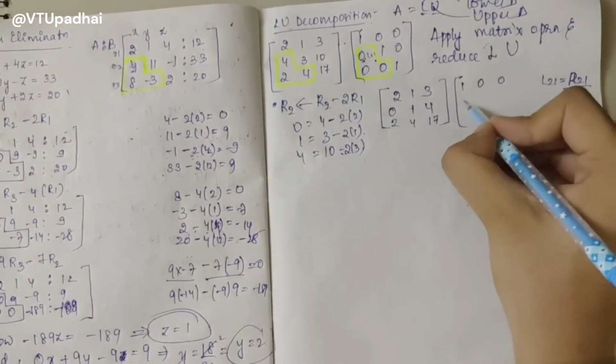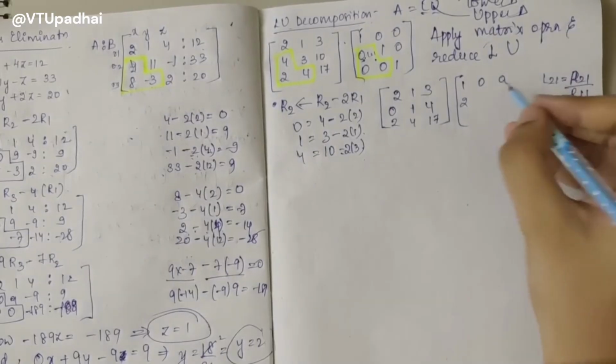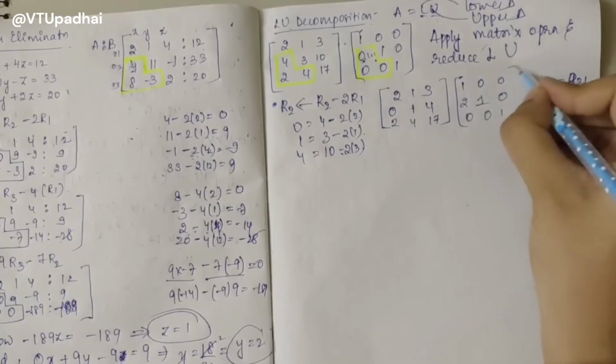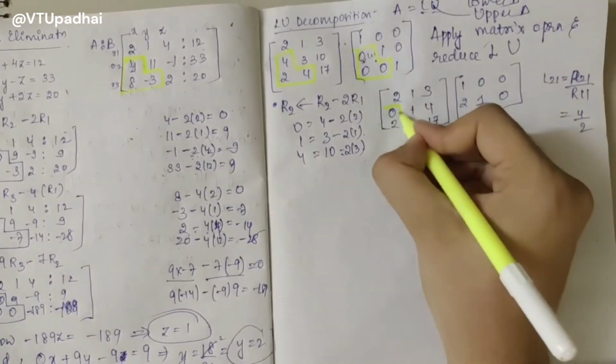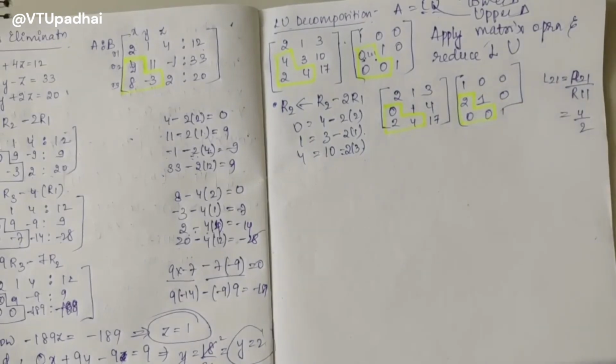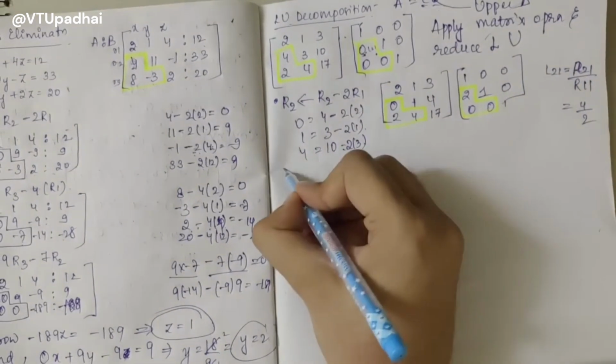So from 0 I have changed the value to 2. Then I can write 1 and 0 as it is, and below also I'll write 0 0 1 as it is. My aim was to get zeros here and non-zeros here. So we are done with the first variable. We have 2 more left.